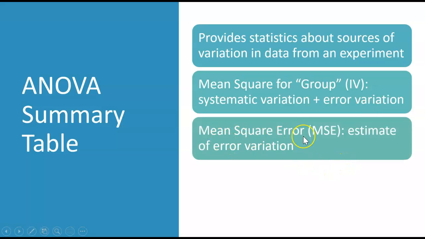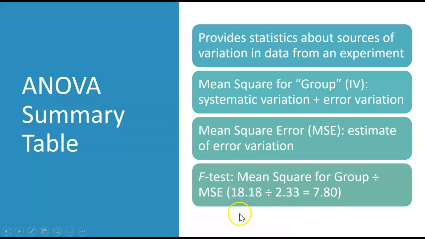Then you're also given the estimate of error variation. It's referred to as the mean square error. The F-test, the way it's calculated behind the scenes, and using the numbers from the table on the previous slide, you have the mean square for the group divided by the mean square error, and that produces the value of F, because F is a ratio.